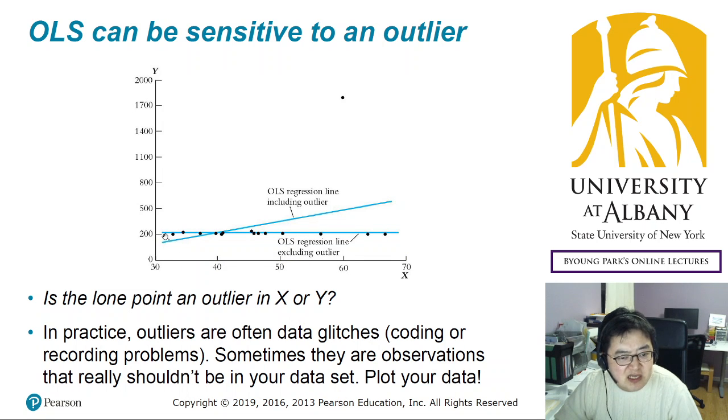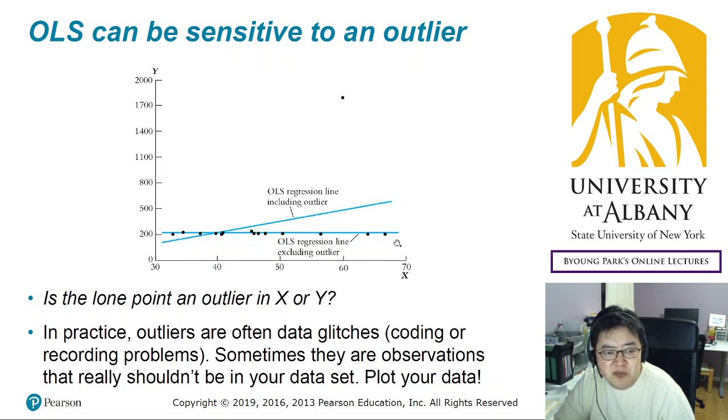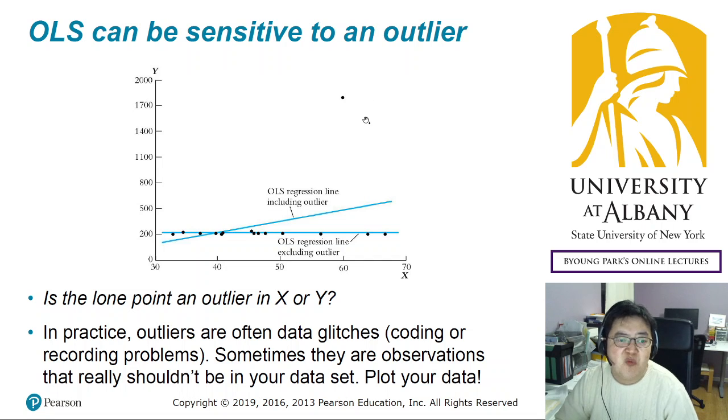Even though it's not clear, as you see, excluding this outlier implies a downward sloping regression line. So if this was an error, the true regression line was negative, downward sloping. But because of this error, it suddenly becomes strongly positive, just because of one observation in the data.